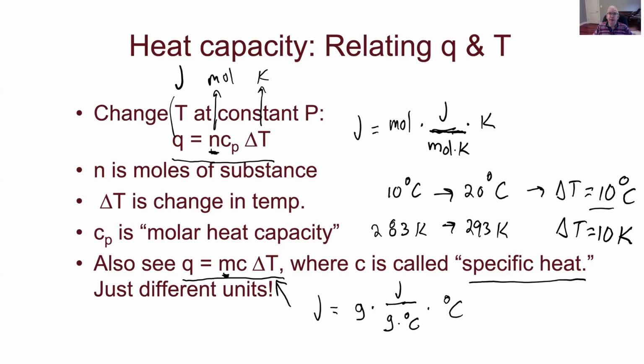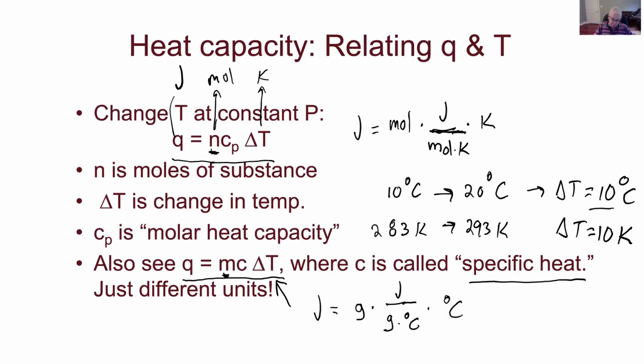Don't do that because that says you're changing the temperature by a whole lot more than you really are, right? And obviously that'll make a difference when you put things in there. So really between degrees C and Kelvin, you can just change those units on the delta T's any which way you want because the degrees are the same size. Delta T is a change in temperature. And so that means our delta T number, the numerical value of that, will be the same, whether it's in Celsius or in Kelvin, okay?